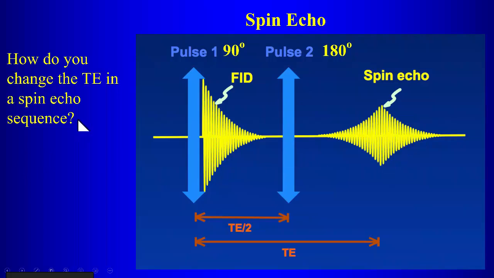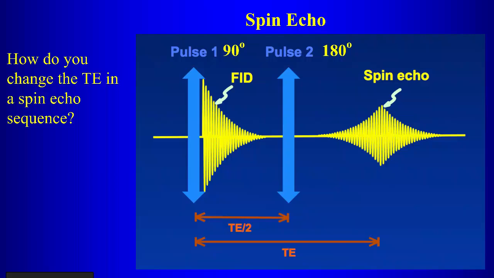So how do you change the TE in a spin echo sequence? Let's say I did a sequence where my TE was 100, but I want to repeat the sequence and I want to make my TE 200. How do I change that? You tell the tech, the tech puts those numbers in there, and the software does it for you. But what is it doing? It's moving the refocusing pulse, right?